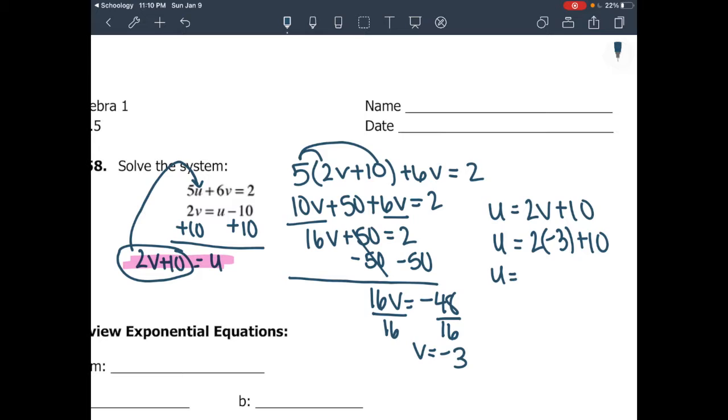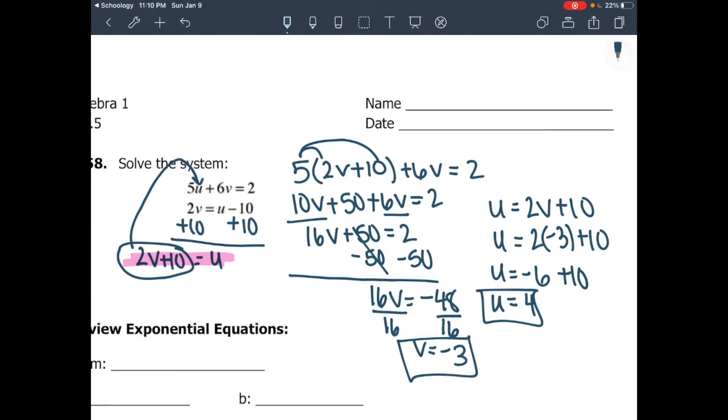Then u equals negative 6 plus 10, because I did 2 times negative 3, and then u equals 4. So u is 4 and v is negative 3. Take some time to wrap that up if you need to. That should feel like review, but again, we should continue to practice this because you will probably be tested on it at a later date.